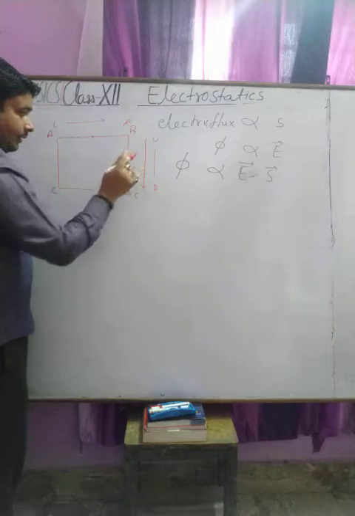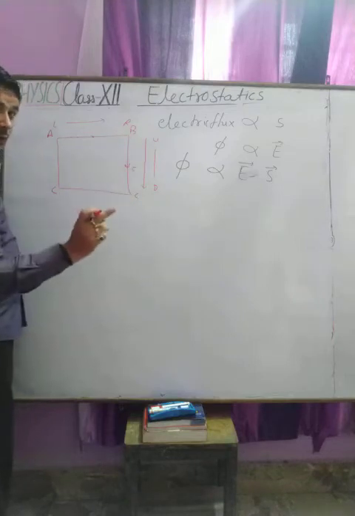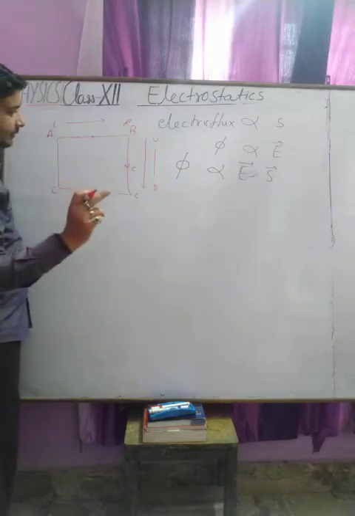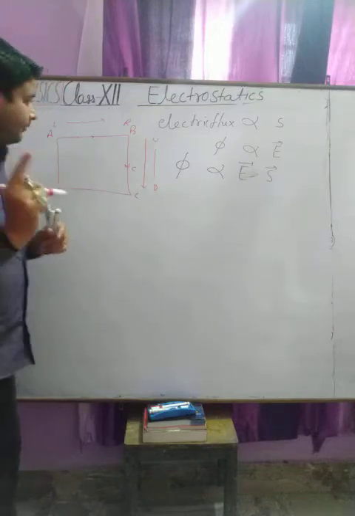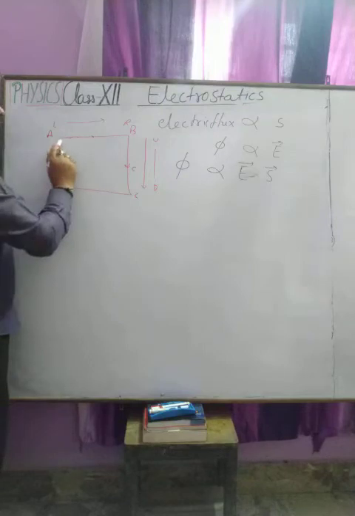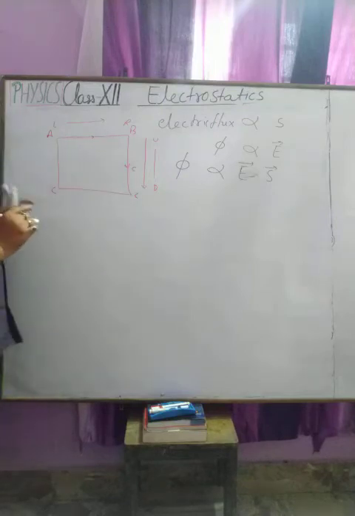So BC has magnitude as well as direction, and we all know the area of the field is length into breadth, or square of its side. So the area is a vector quantity.